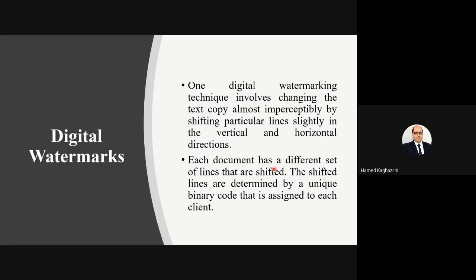Using some programs, we can do that so that it cannot be seen with eyes. Using this method, each document has a different set of lines that are shifted. These shifted lines are determined by a unique binary code.